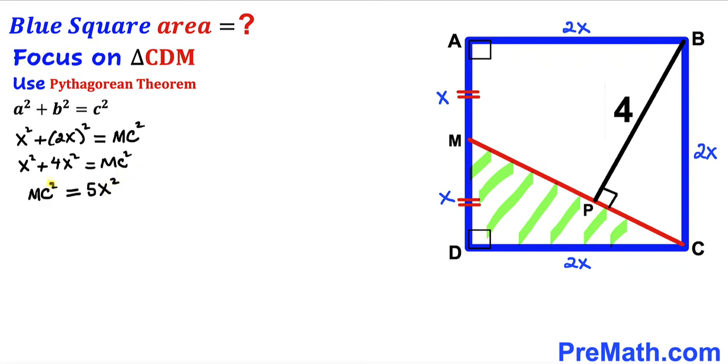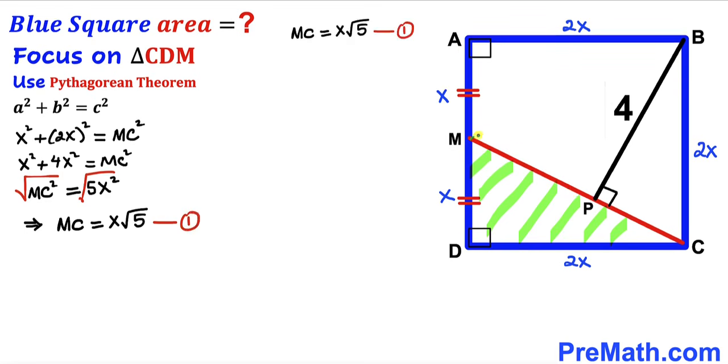Let's undo this square by taking the square root on both sides. Here we can see that the hypotenuse MC simply turns out to be x times the square root of 5, and I'm going to label this equation number 1. So our hypotenuse MC length is x times the square root of 5.